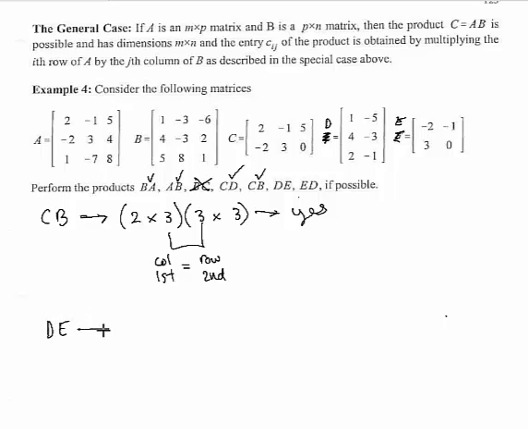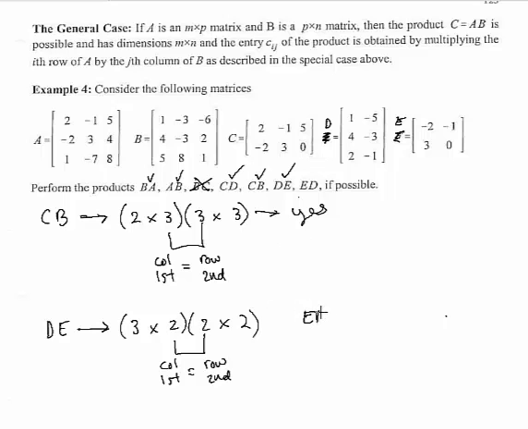DE, can we calculate a product here? Well, D is a 3 by 2, and E is a 2 by 2, and so these match. Columns of the first equal rows of the second.